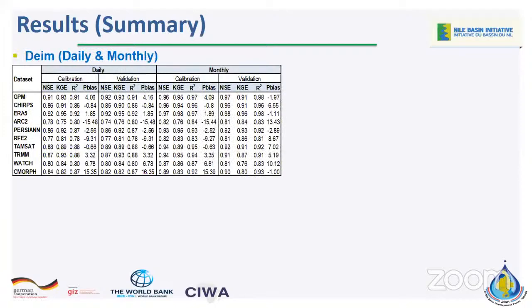And here is a summary of the results for the 3 basins on daily and monthly basis. As you can see, this is for the Blue Nile Basin at Dam Station.